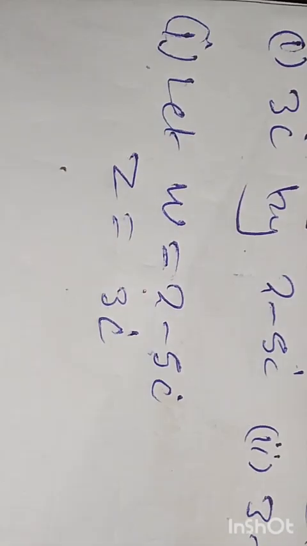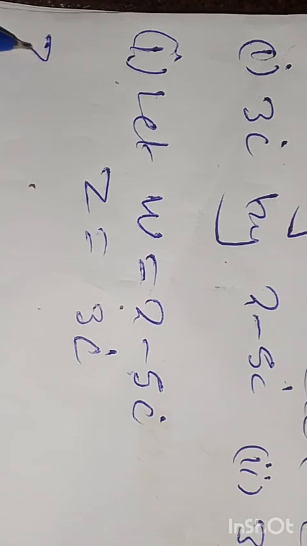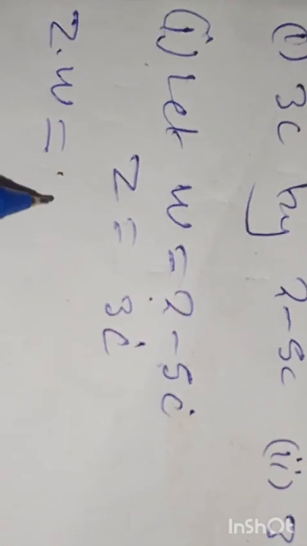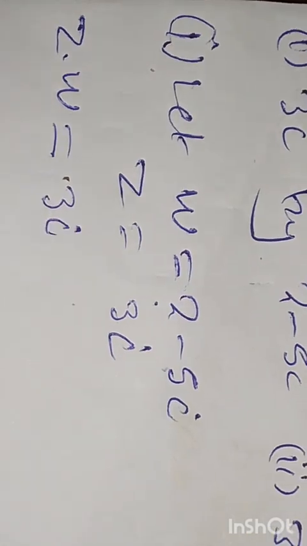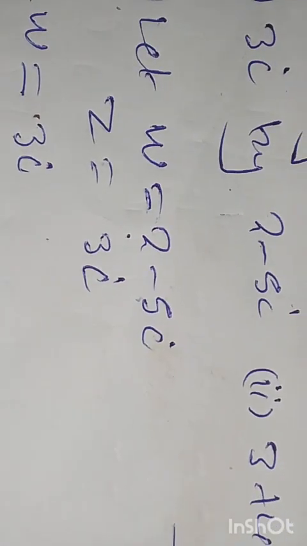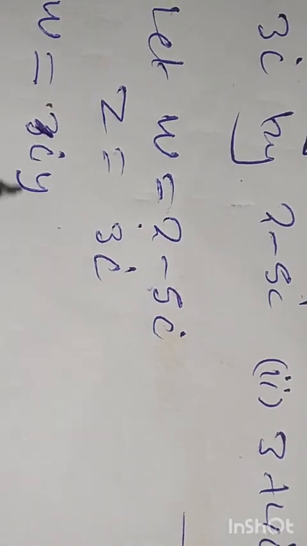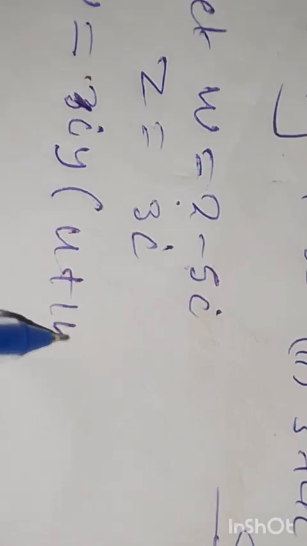So I'm going to use this formula. z multiplied by w is equal to 3i. For this one, I'm going to use the formula iy multiplied by u plus iv.